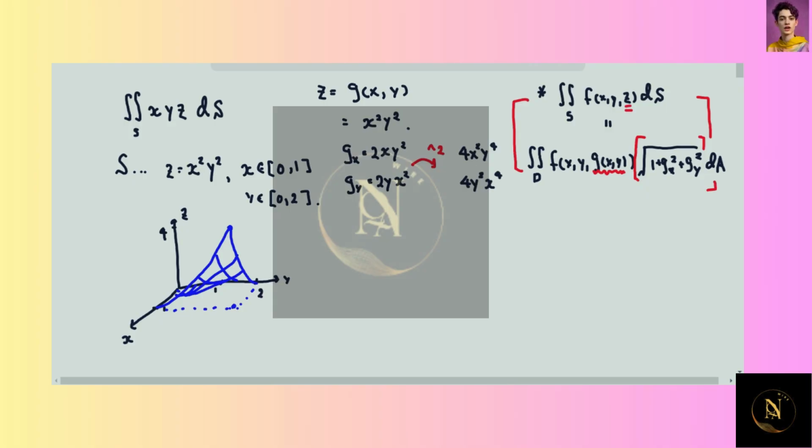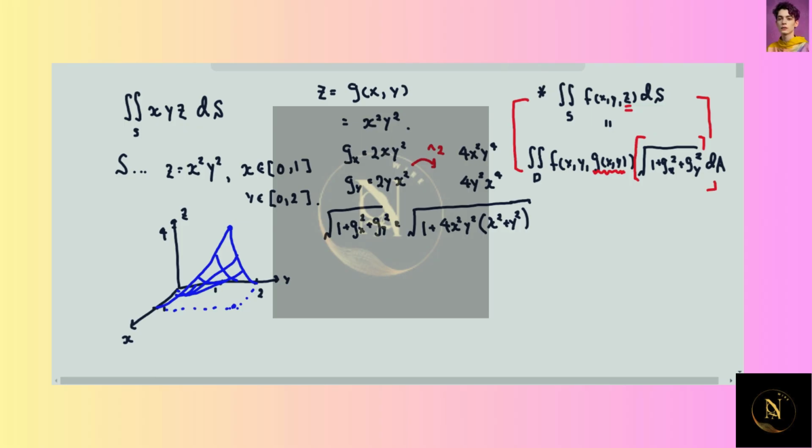So the expression that we get for the square root of 1 plus g sub x squared plus g sub y squared can be rewritten as the square root of 1 plus, I can factor out a 4x squared y squared from both the g sub x squared and g sub y squared, and the inside will just look like this.